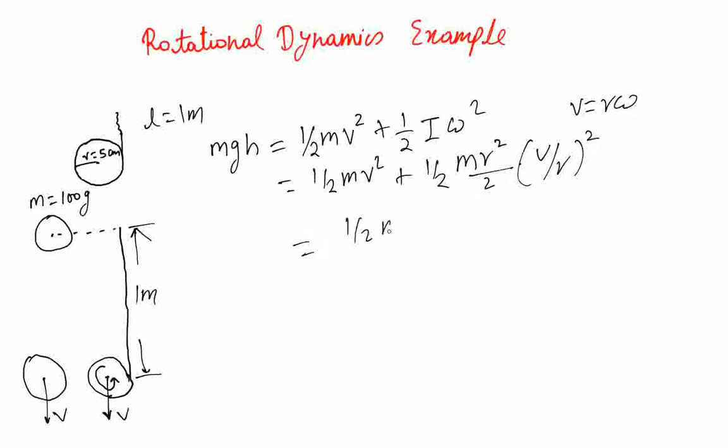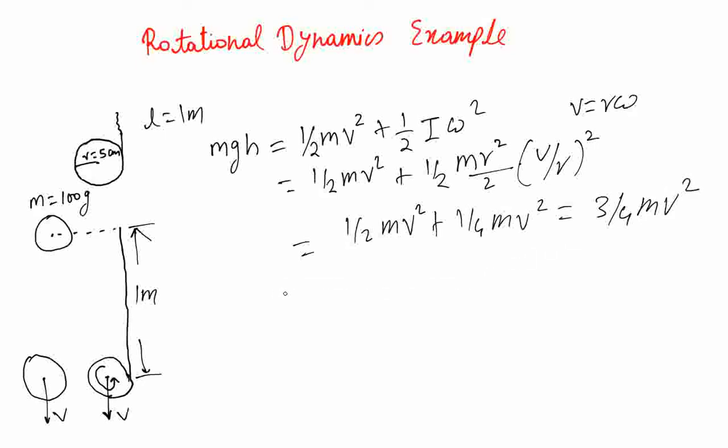And if we solve this, we get half mv squared plus, excuse me, plus 1 over 4 mv squared, and that gives us 3 over 4 mv squared.